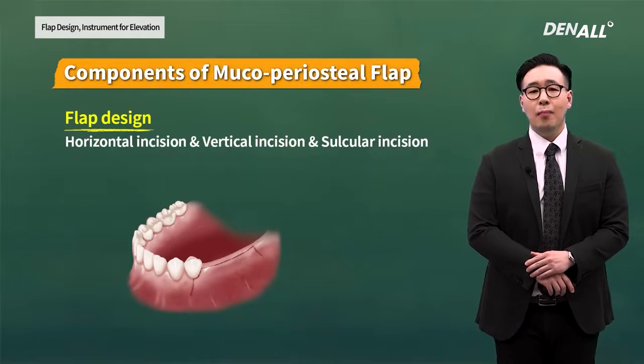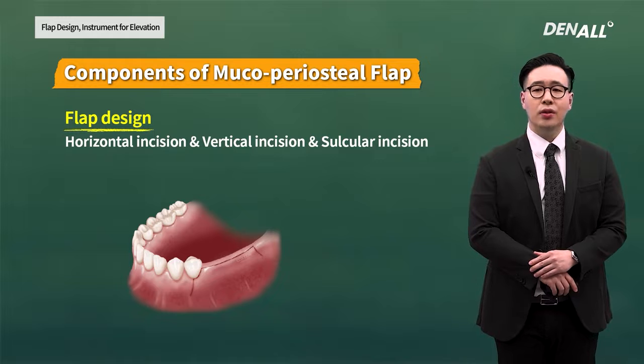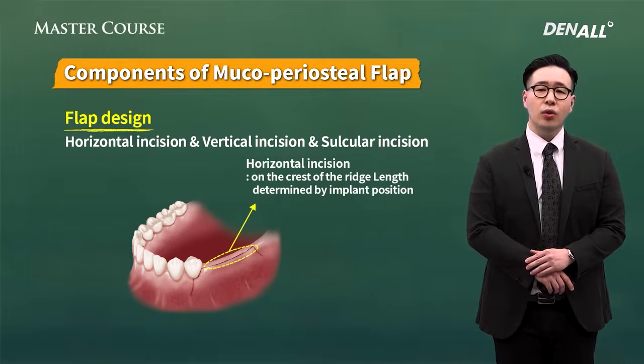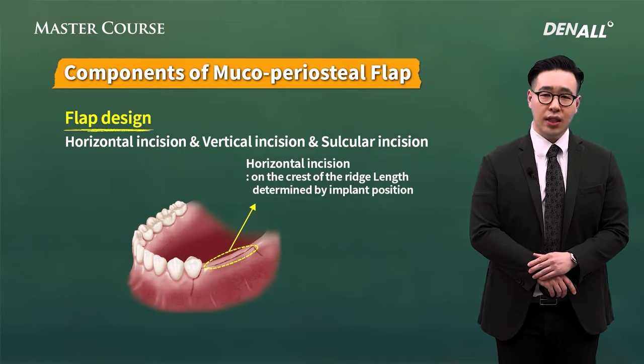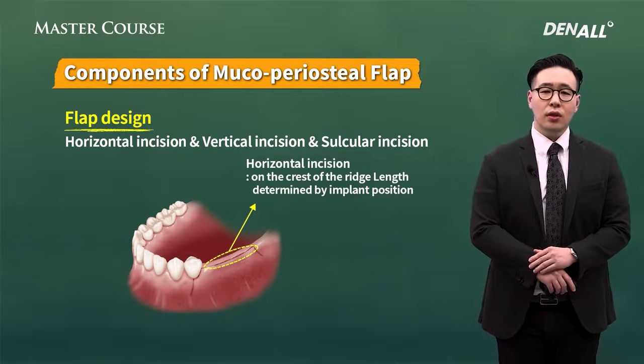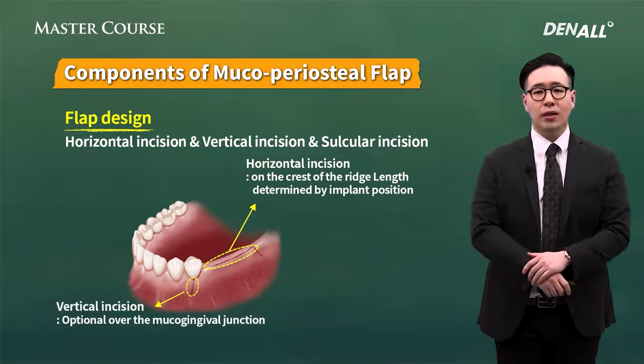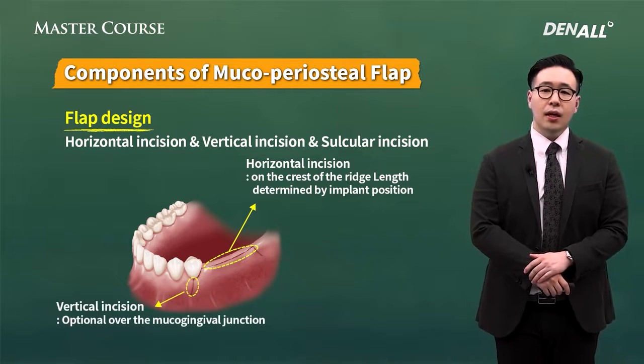Let's look at the factors that make up the flap. Basically, there is one horizontal incision on the alveolar crest. If necessary, at the end of the horizontal incision, add vertical incisions.